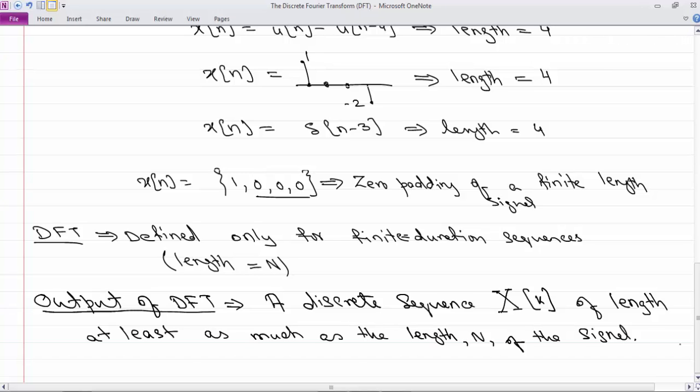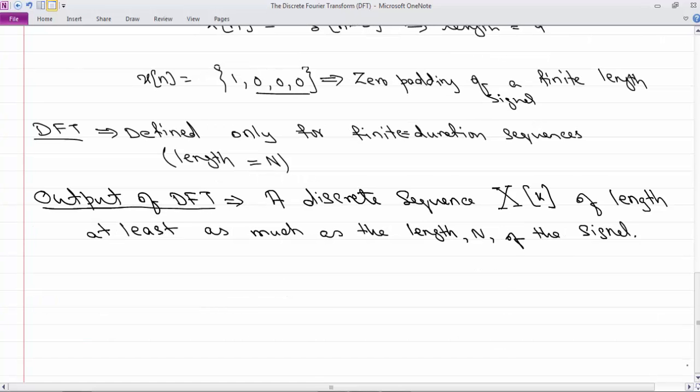So that's where this part comes, that DFT is itself a discrete transform. None of the other transforms that you have seen before are discrete transforms. They are transforms of discrete signals, but they are not discrete transforms. So compared to other transforms, now we have seen that DFT itself has a notion of length.